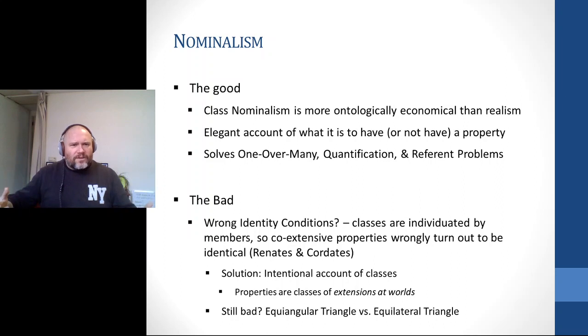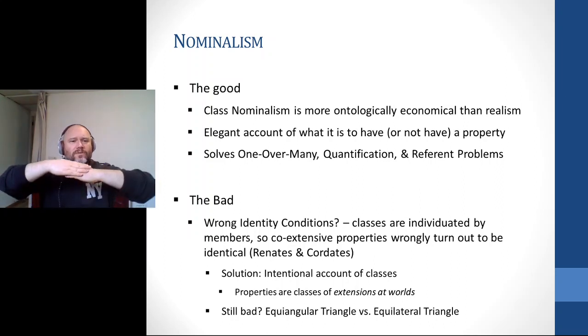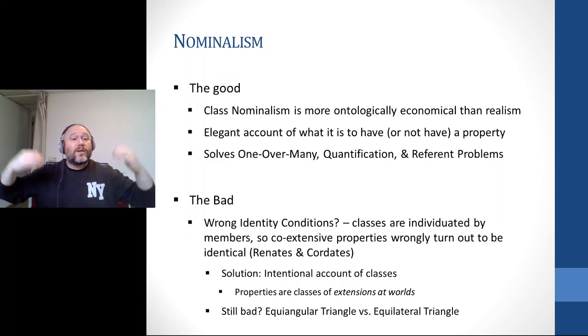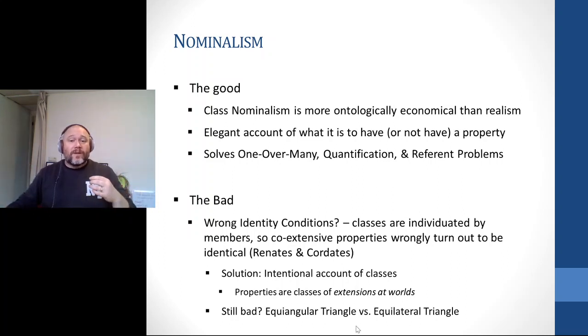So our initial challenge was, look, coextensive properties wrongly turn out to be identical on this view. So the response is, all right, let's go to intensional accounts. That is, we look at extensions at worlds. And this might be satisfactory as long as you don't think there might still be intensional differences lurking here.